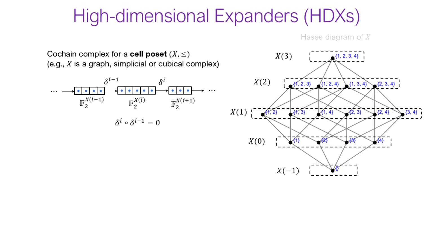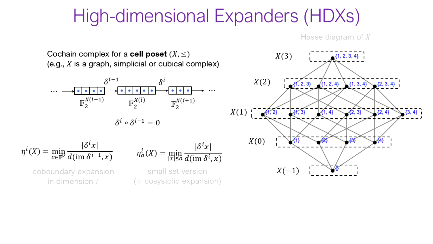If we consider, for example, some simplicial complex or any other high-dimensional object like a cubical complex, we can get almost exactly the same versions of these Cheeger constants, so we can have the standard Cheeger constant and also a small set version of it.